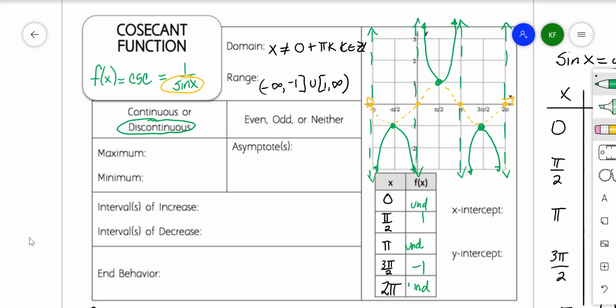There are breaks. And because this is the reciprocal graph of sine, let me put that in with highlighter for you. We have an odd function again, so it's going to behave the same way as the reciprocal. Remember, this is symmetric about the origin.